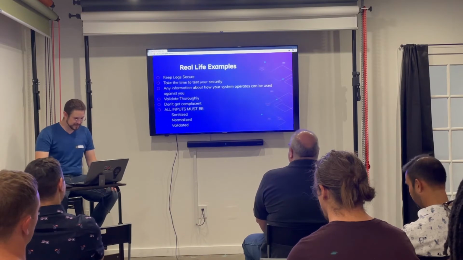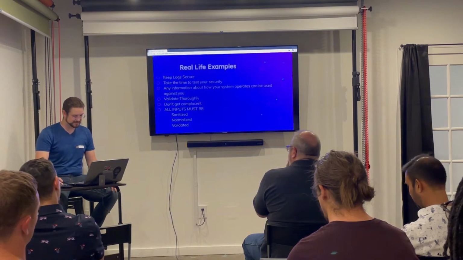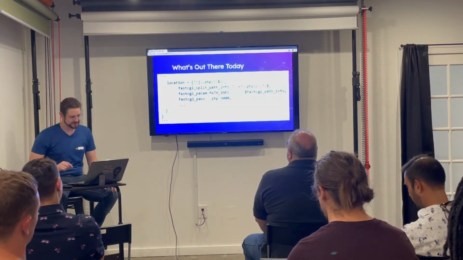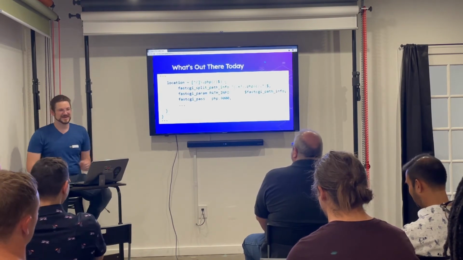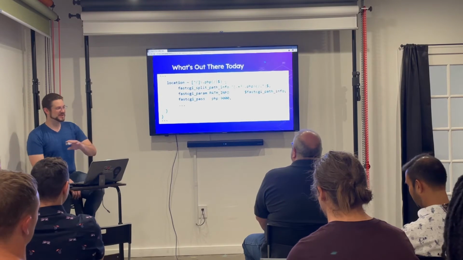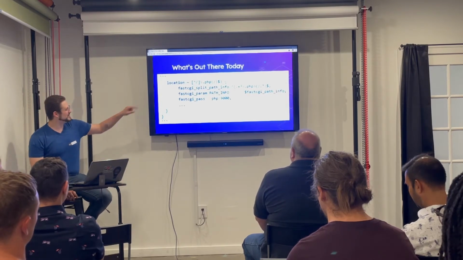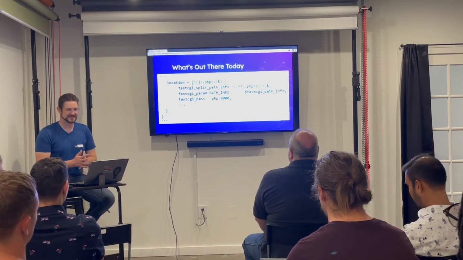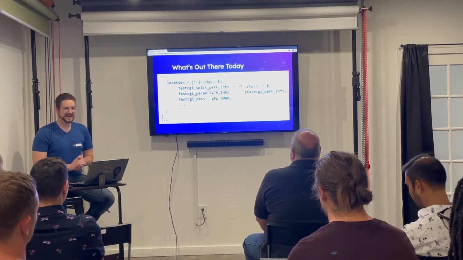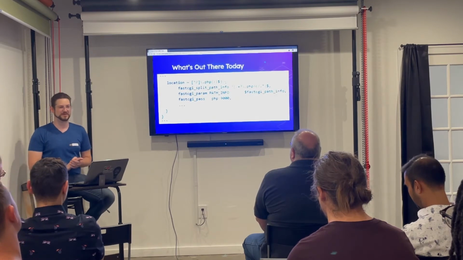So, okay, let's go ahead and move on to some examples, right? So here's another good one. Anybody who's worked in early Laravel days has probably seen and probably had this exact configuration on their Nginx server. And chances are it was copy and pasted off of a Stack Overflow forum somewhere.